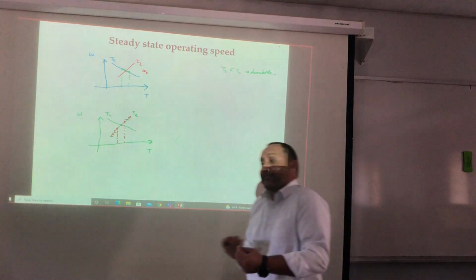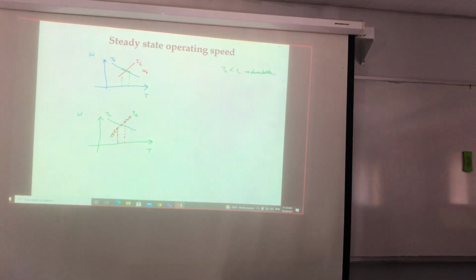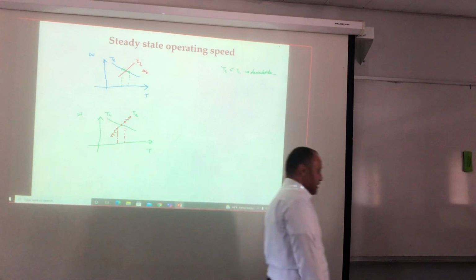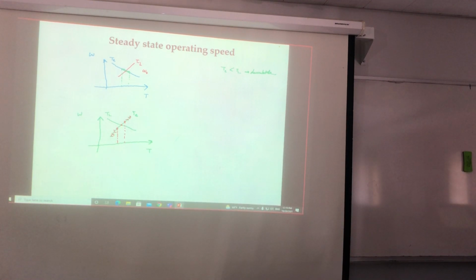This is what makes us unique. Can I find a relation between the load torque-speed characteristic and the machine torque-speed characteristic such that I can judge if this point is stable or unstable? Yes, we can.